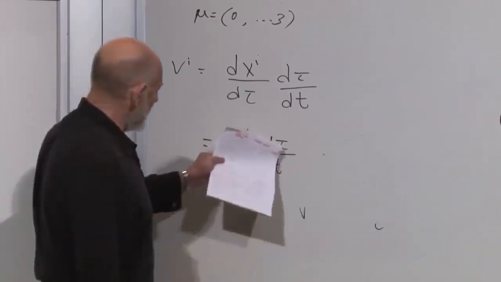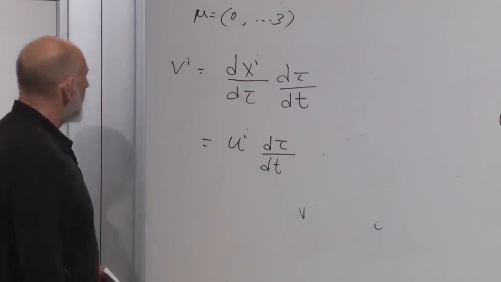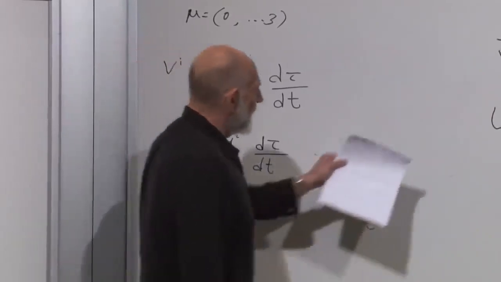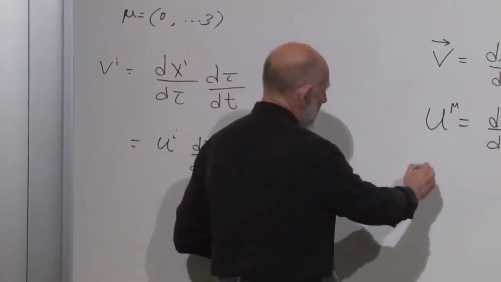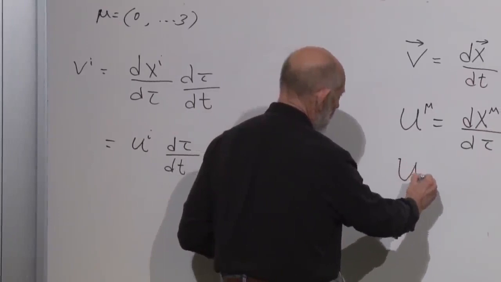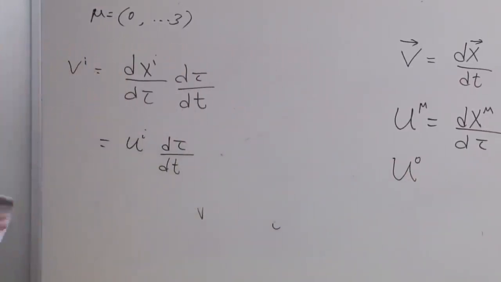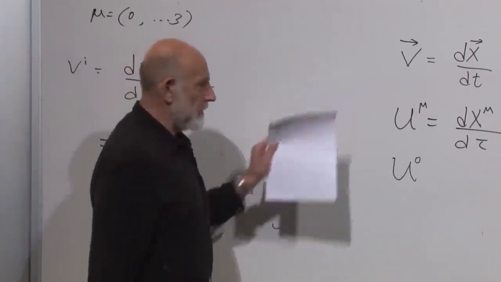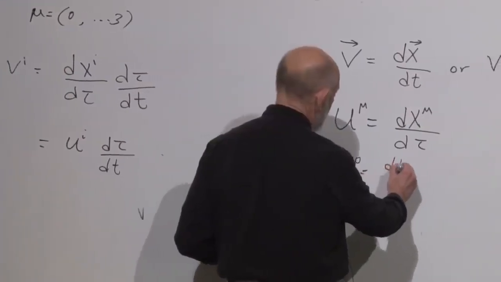But before we go ahead, let's consider exactly this quantity u naught. What is u naught? U naught is the zeroth component of this relativistic velocity, and it's dt by d tau.